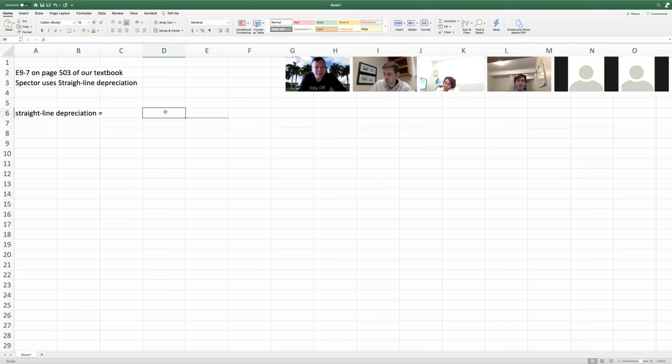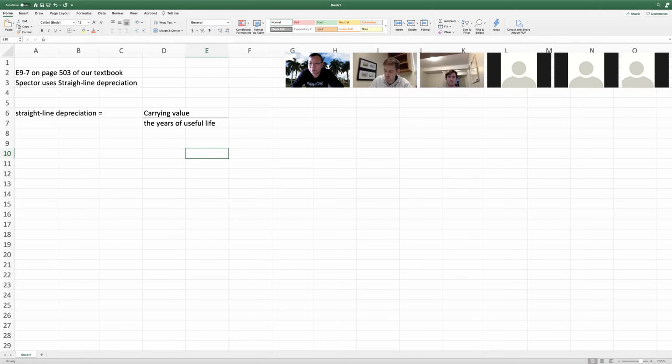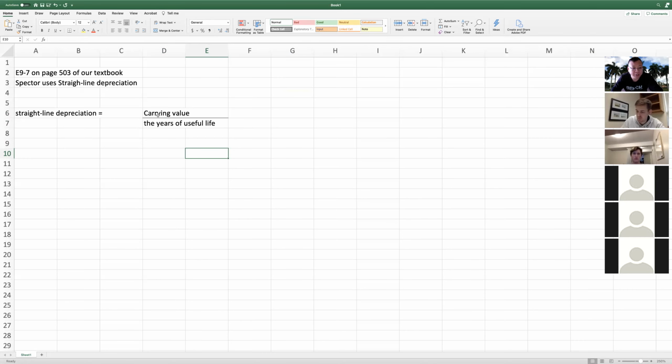Okay, so Tyler said it's a carrying value divided by the years of useful life. Anyone else have a different answer? We have to be very accurate, right? Technically, we have to use the correct wording, right? So Tyler is half right, yeah. Is it depreciable amount? Depreciable amount, okay, very good.